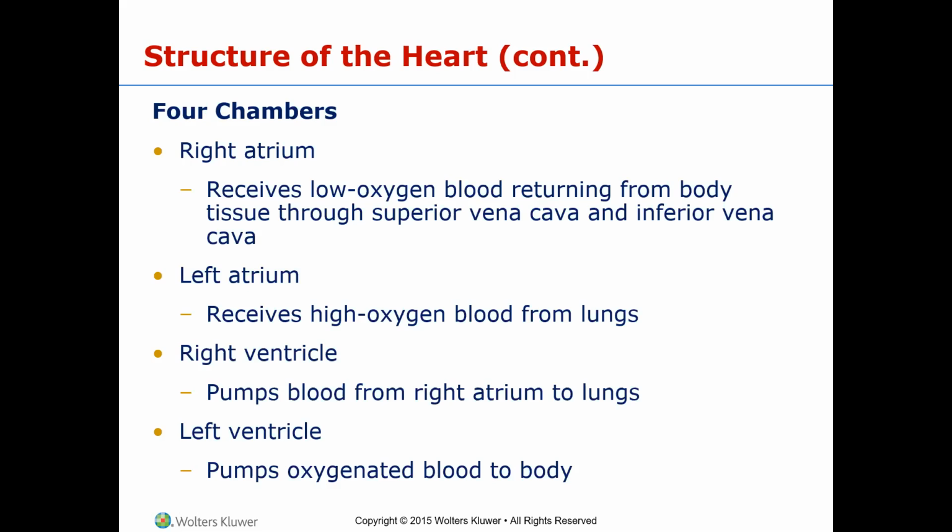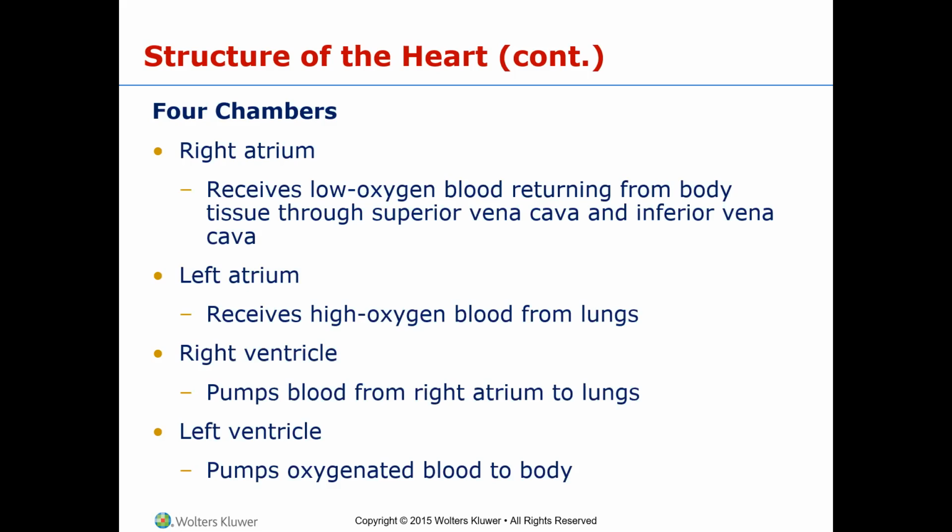And then that blood that's in the top portion of the heart is going to be pumped through some valves to the right ventricle and to the left ventricle. The right ventricle is going to pump the blood that's being received from the vena cava, from the draining of the veins of the superior and inferior vena cava, to the lungs.